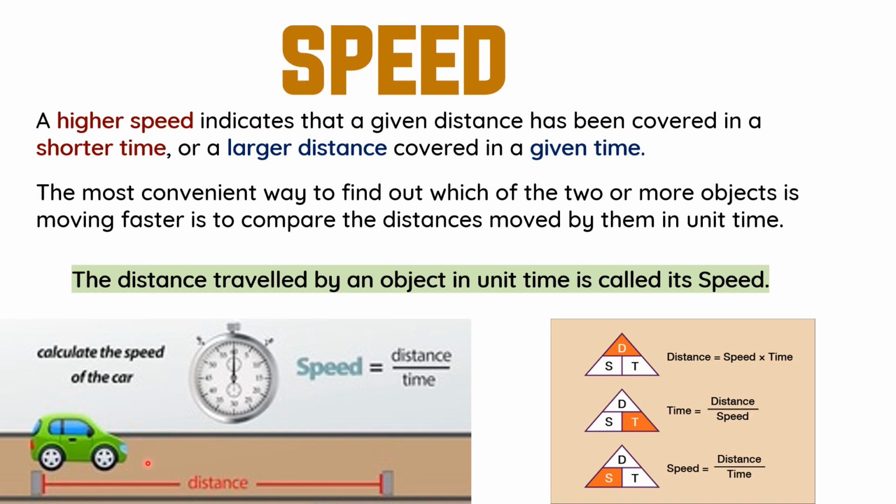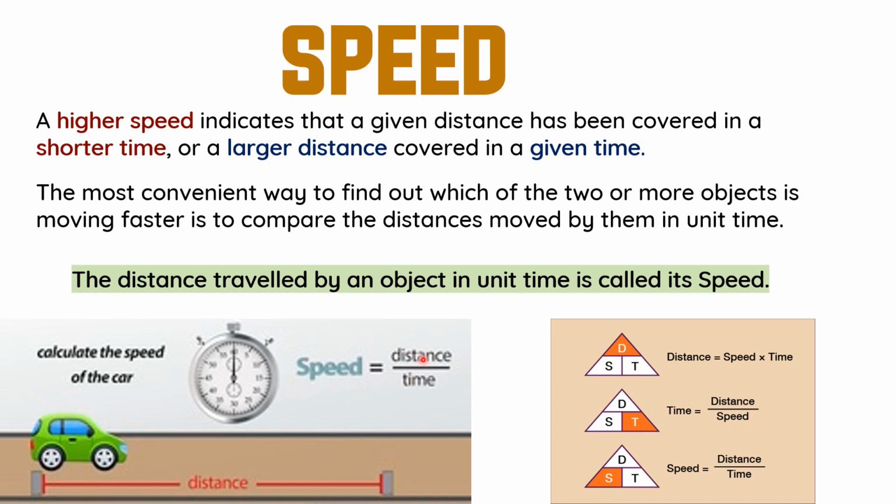Here also you can see the picture. One car starts from here, so this is the distance, and there is time also. How much time this car takes to cover this distance, that is the speed. So how can we calculate speed? There is one formula: speed equals distance upon time.